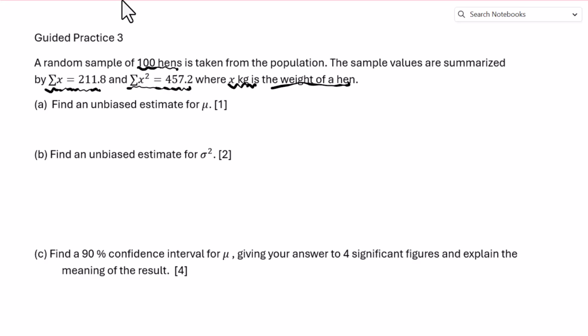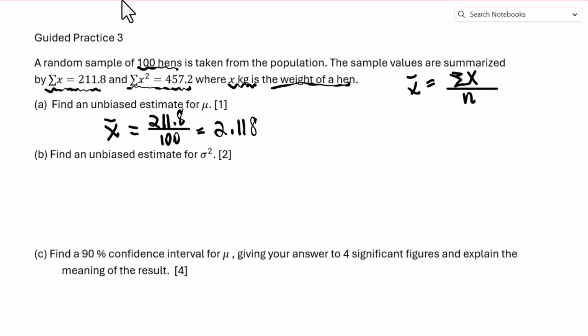Find unbiased estimate for mu, which is x bar. We know this is the formula for x bar: summation of x over n. So x bar equals 211.8 over 100 equals 2.118.